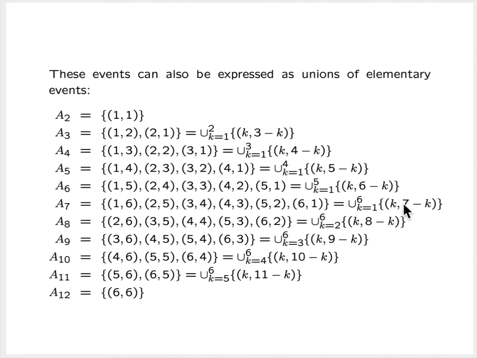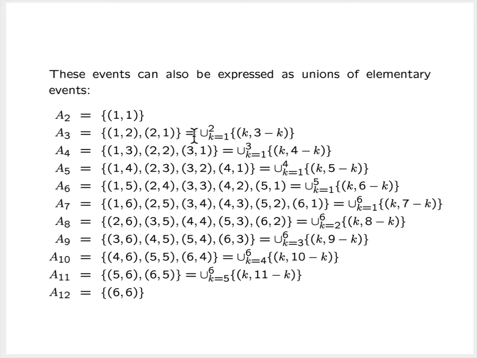Now, these events can also be expressed as unions of elementary events, all right, which I think is fairly straightforward and obvious, but it's going to be useful notationally when we go to calculate probabilities. So, for example, the event A3, which expressed as a subset of the sample space, is the set of ordered pairs (1,2) and (2,1).